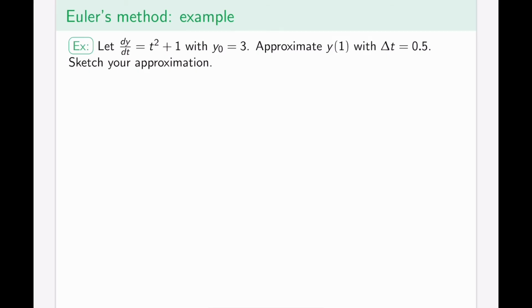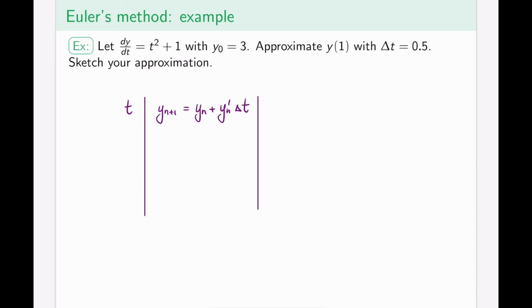So in my table, I'm going to put the value of t, the current value that I am at. I am also going to keep track of my calculations for the y value. So at the next step, y n plus 1 is equal to y n plus the slope at the previous step times delta t. This is the formula that we derived on the previous slide.